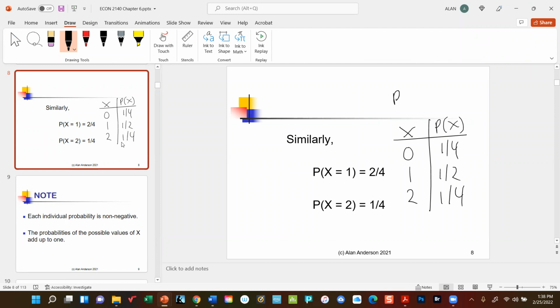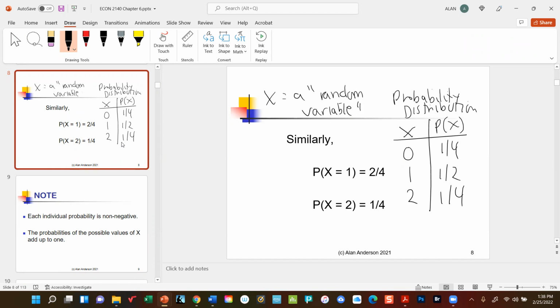This table is a probability distribution. X itself is a random variable. And that's it. That's what this is all about. Now, of course, all the cases we'll be looking at will be more complicated than this, but this is, in a nutshell, what a random variable is and a probability distribution.